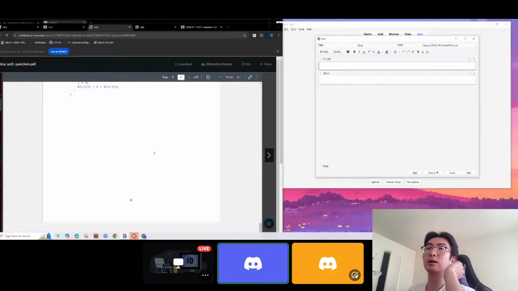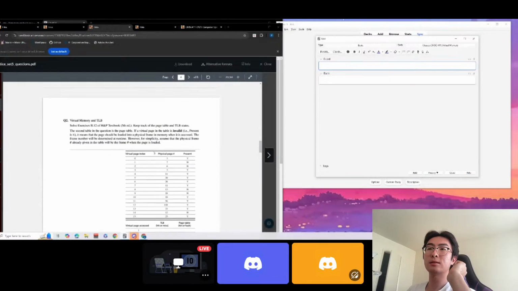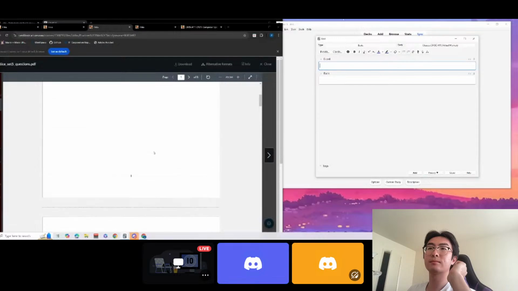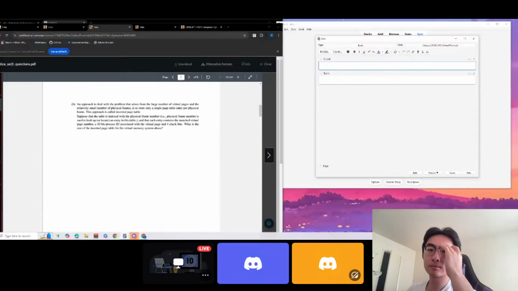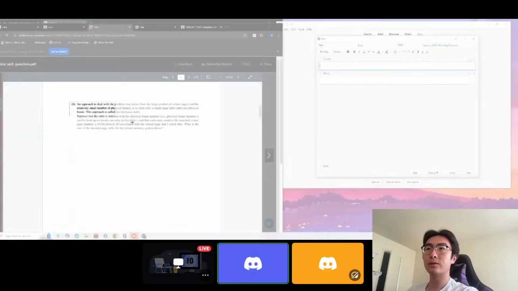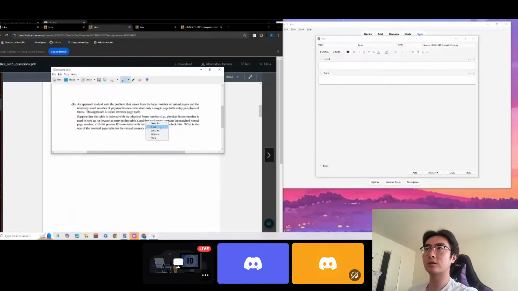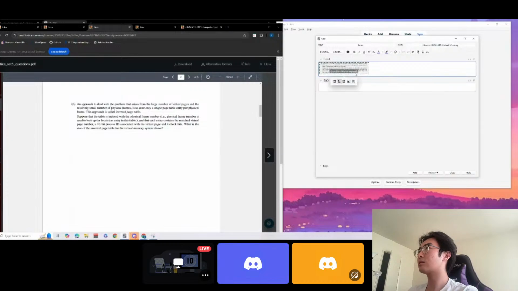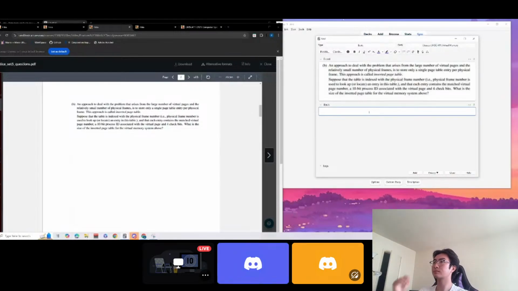I'm going to probably need to come back to that, but let's see the other question, right? An approach to deal with the problem that arises from a larger number of virtual pages: store only a single page table entry per physical frame.